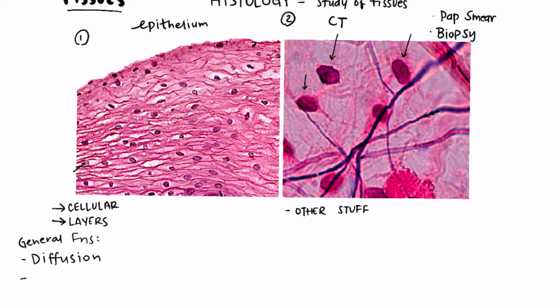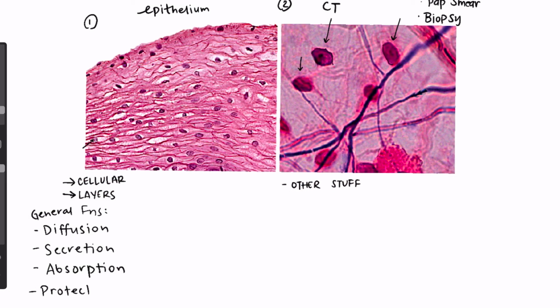It can be for secretion of stuff, like secretion of saliva, for example. Absorption of things. Those are some general functions. And it also can just be a protective layer because of the characteristic of multiple layers on top of each other, like this specific one.